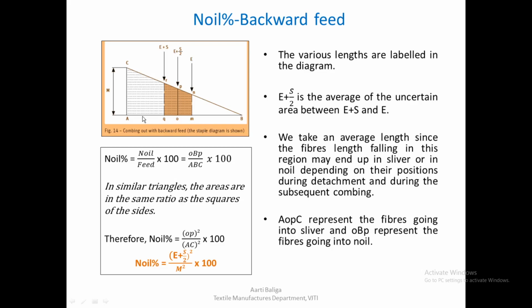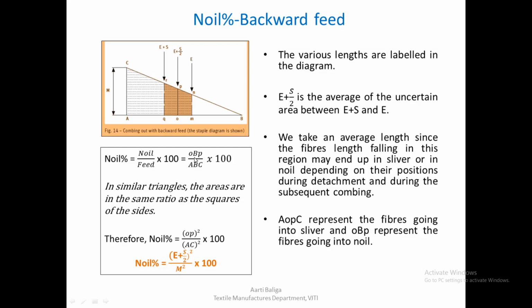Now going further and analyzing the triangles here, in similar triangles, we know this theorem, the areas are in the same ratio as the squares of the sides. So since this is representing areas, which is shown in the diagram here, I will substitute it with the ratio of the squares of the sides.